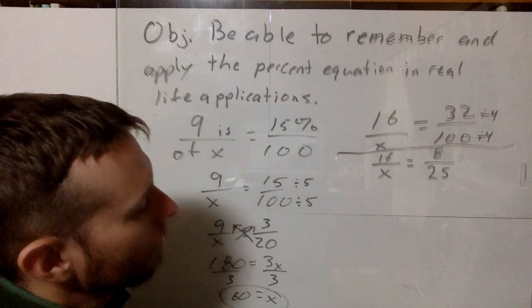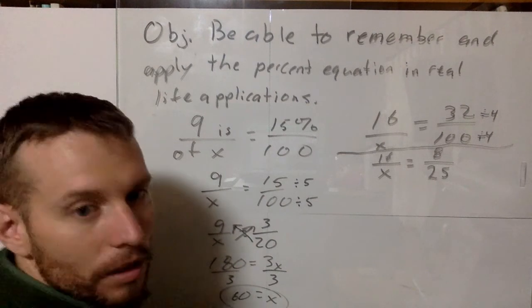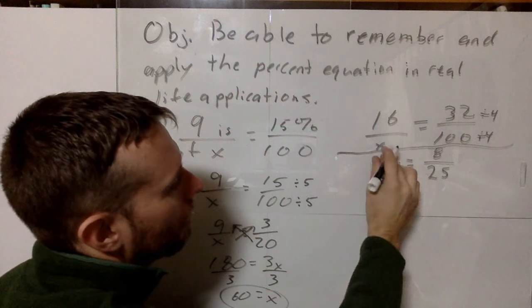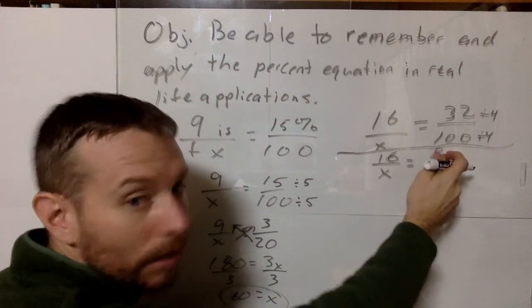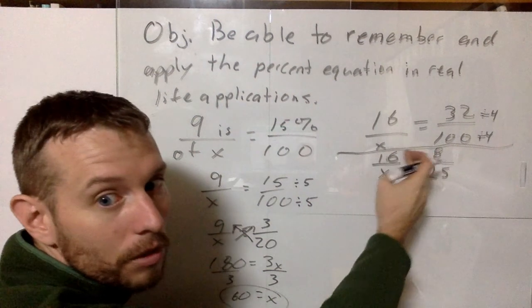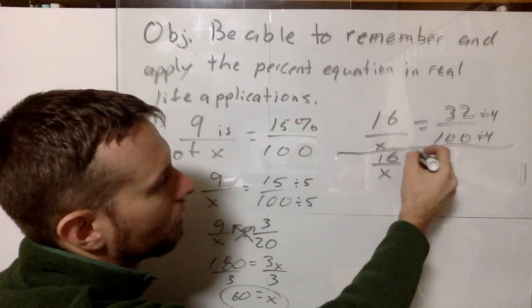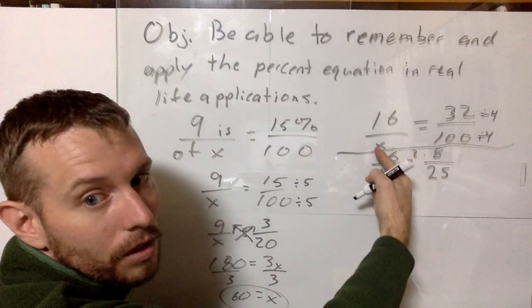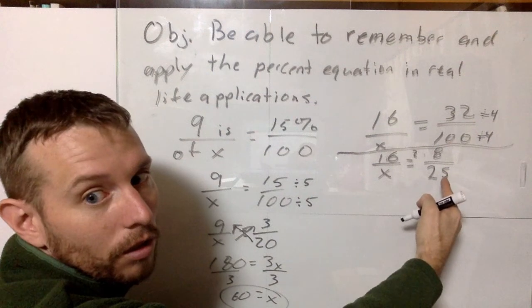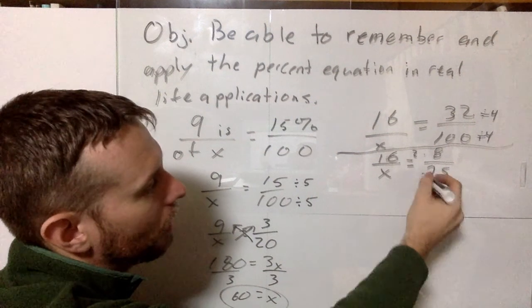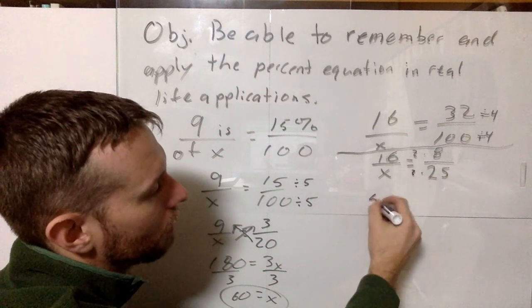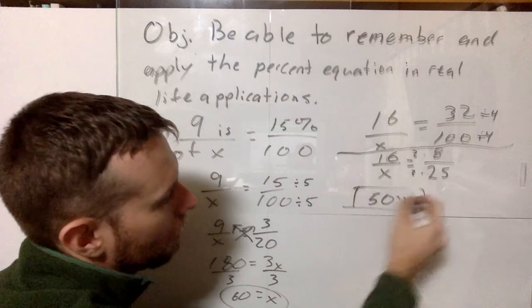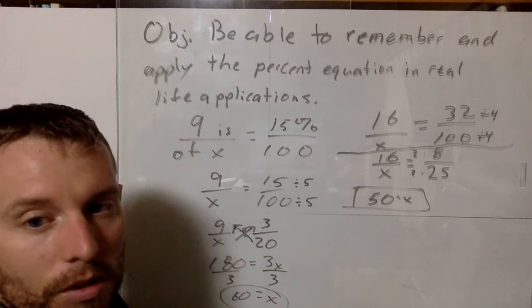You probably can see this if you've already seen some of the other shortcuts we've taken. We can see that 8 times 2 gives us 16, so 25 times 2 will give us 50. And we can see that x equals 50.